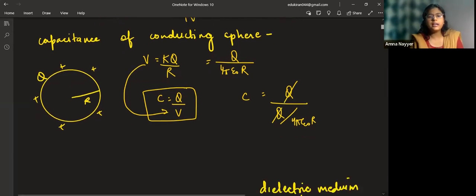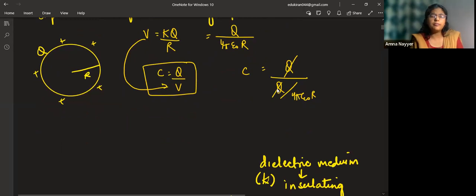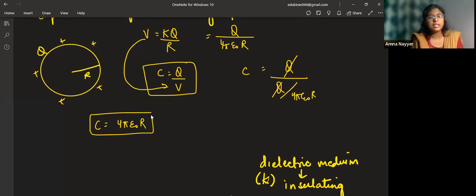Now, at least we can write this entire term upwards. That goes in the numerator. That becomes 4 pi epsilon naught R. This is capacitance.